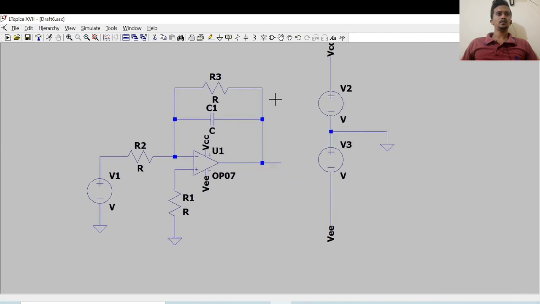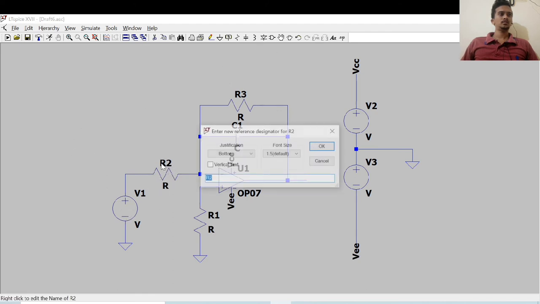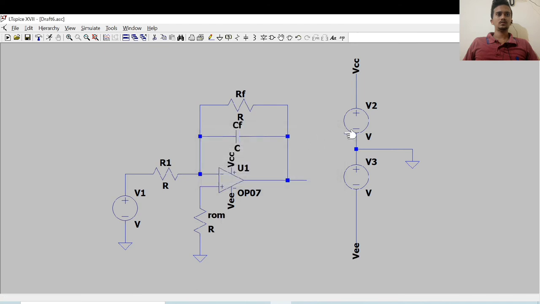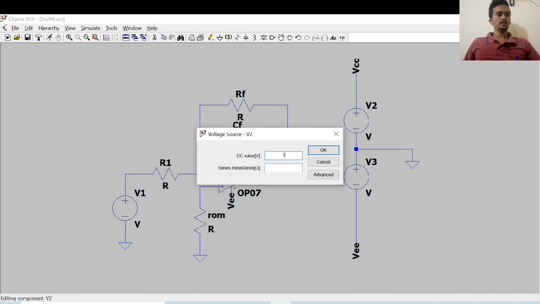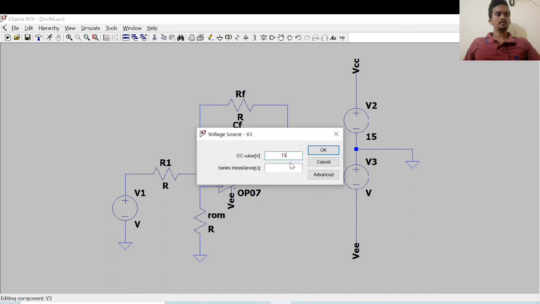Now we'll change the values and the resistor names. This will be my R1, this will be my RF, this will be my CF, this is my ROM. This will be my 15 volt, this will be minus 15.